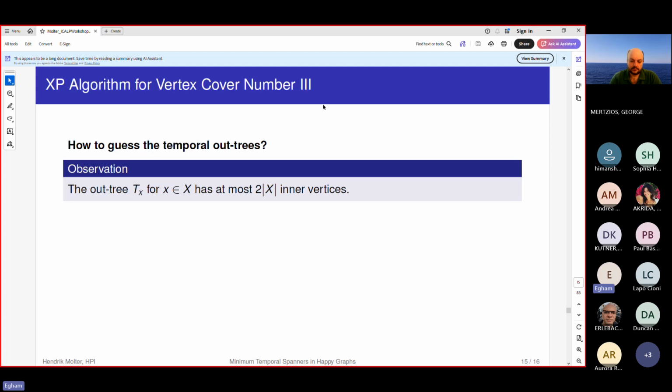Thank you, good point. Although even then, if you only aim at XP time, I guess you could also then guess which of the labels you want to use. So maybe it still works.